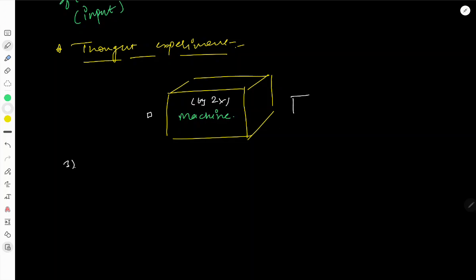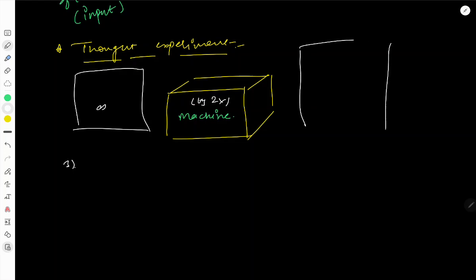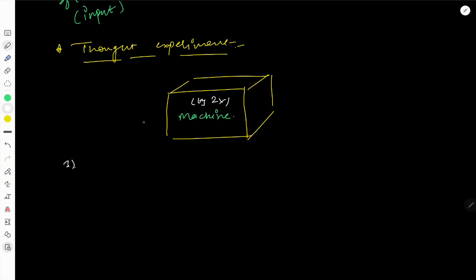So the object comes out of this machine this much big. This is the first thing. And then if I put an object this big, then this much big object becomes twice, we can say. And if I put a bigger object, let us assume it to be infinity, then I would get a much bigger object that is also infinity. So this is what we can understand from here.